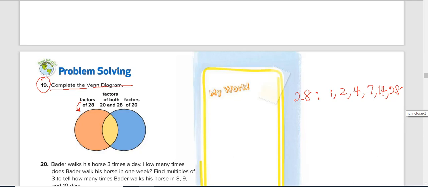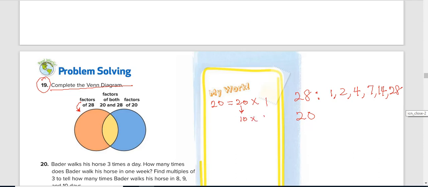We also need, this one says factors of both 20 and 28, and we have factors of 20. So we need factors of 20. Let's break 20 down. Remember, I'm going to have 20 times 1. I can divide 20 by 2. That's going to give me 10.